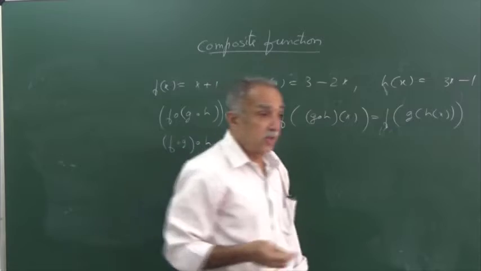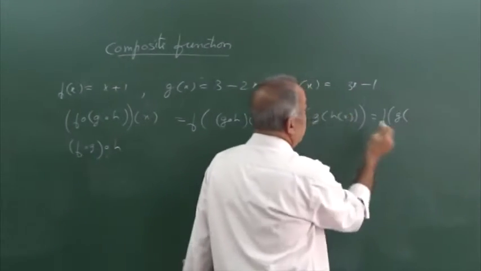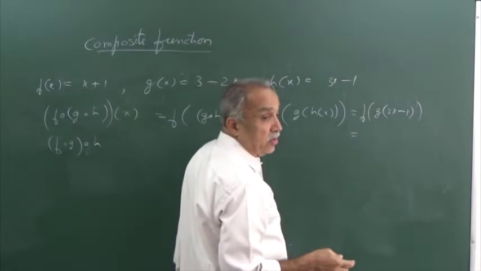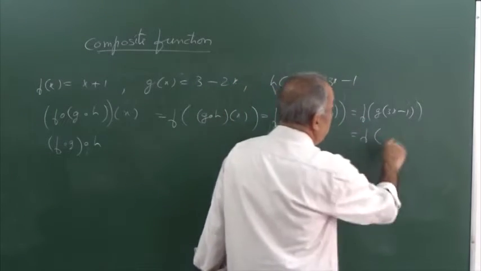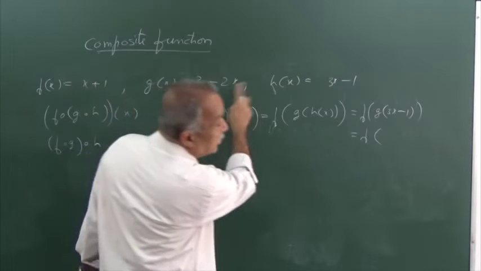Okay, I think. Substituting, f of g of h of x, where h of x is 3x minus 1. No restriction imposed on x. This is f of g of 3x minus 1, which is 3 minus 2 into 3x minus 1.